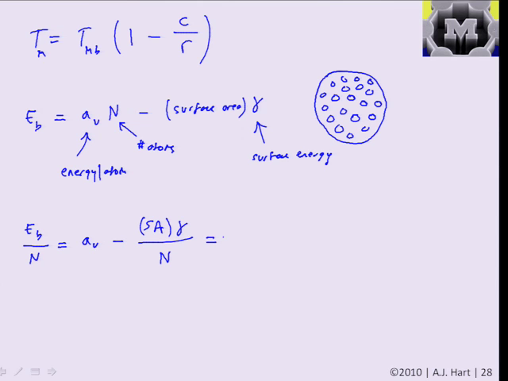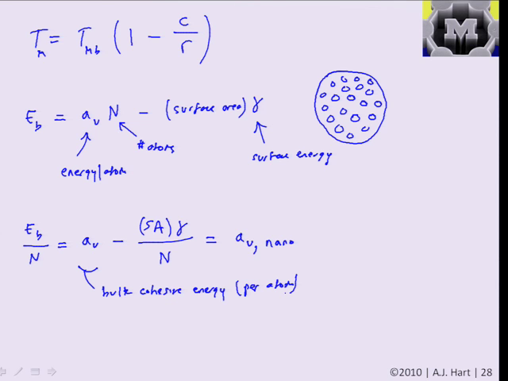And we're going to call this A sub v, comma, nano, which I just mean is a correction to this bulk energy due to surface effects.